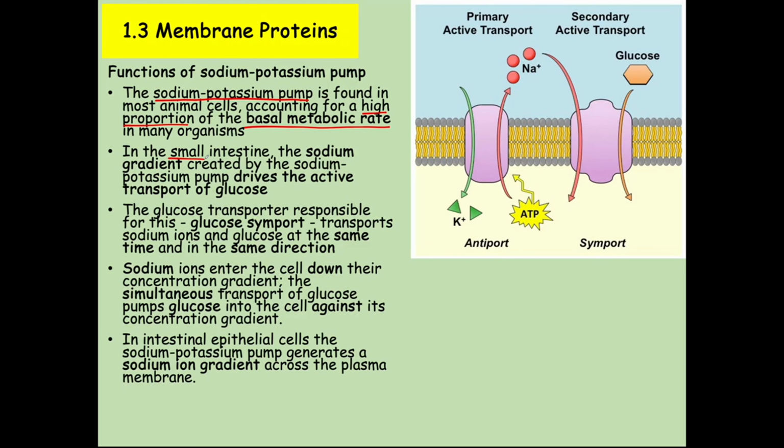Now, in our small intestine, okay, we utilize it there. Now, this sodium gradient that's made by actively transporting sodium out of the cell, by pumping that sodium outside the cell, drives the active transport of another molecule called glucose.